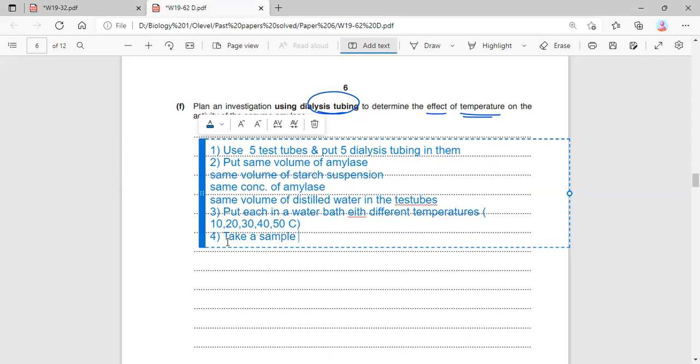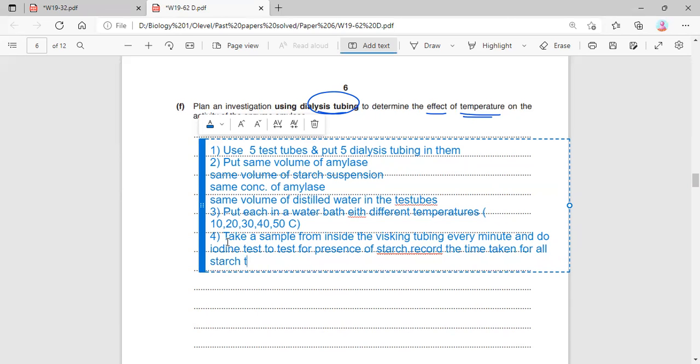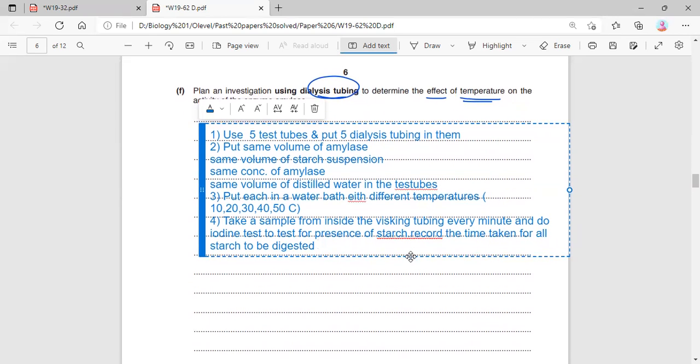Take a sample from inside the dialysis tubing every minute and do iodine test to test for presence of starch. Okay? Record the time taken for all starch to be digested. This is how you will know which temperature is the best.